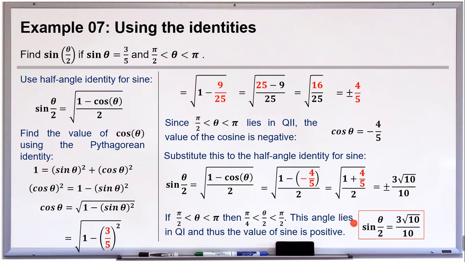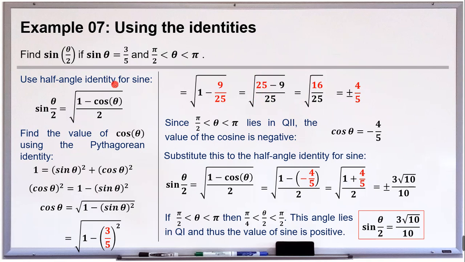Again, for this example, it's not only about finding the values. You also need to take into account the given interval. It's because that will give us a sign whether to select the negative answer or the positive answer, especially when dealing with the square root of a certain value.